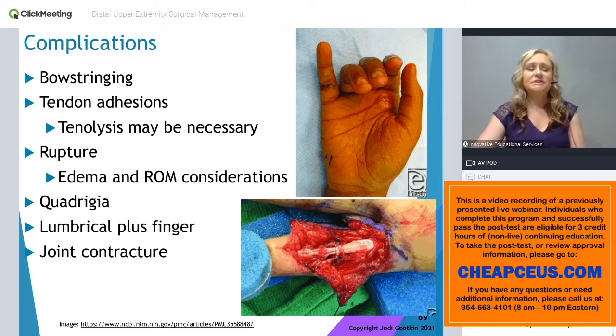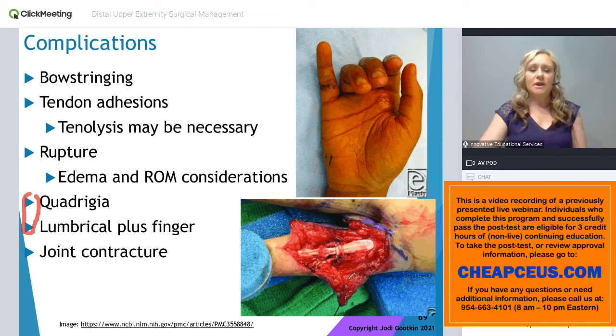Tendon ruptures, we discussed that we're trying to control edema, not progressing too quickly with range of motion, particularly that active contraction, and then we're not stretching. We don't want composite movement where we're doing wrist extension and finger extension, over-stretching. And 2 specific things we're going to look at are quadriga and lumbrical plus finger as we're looking at the tendon healing. And this image on the right, I like to show this.